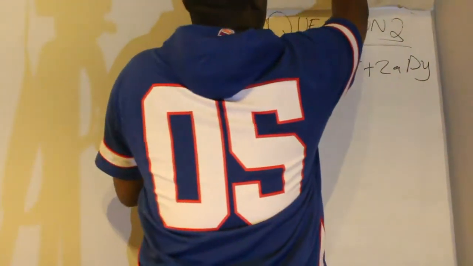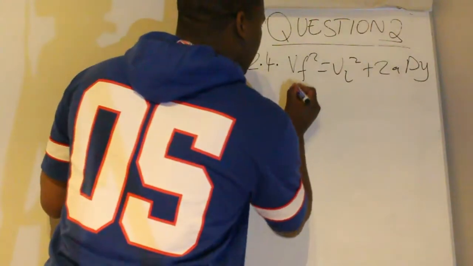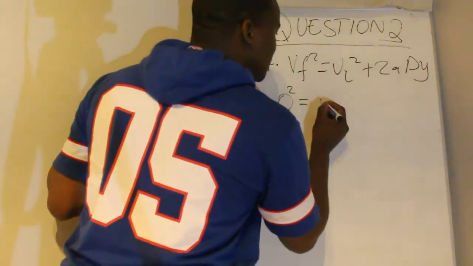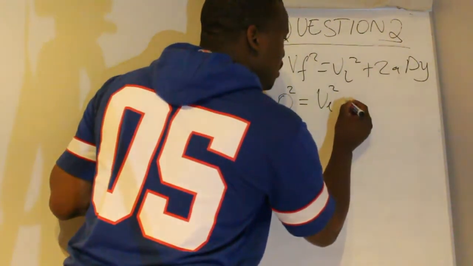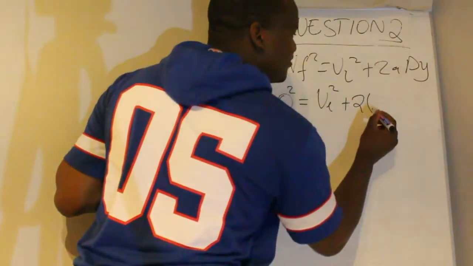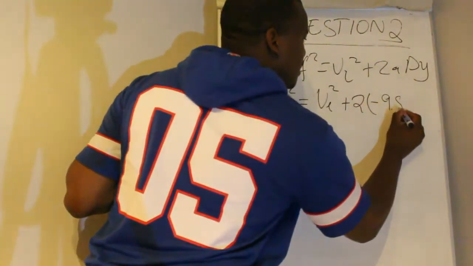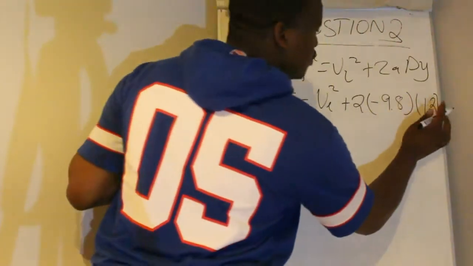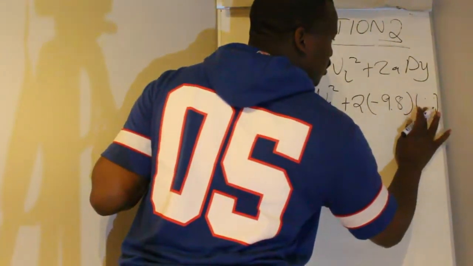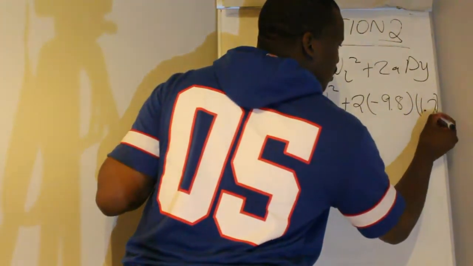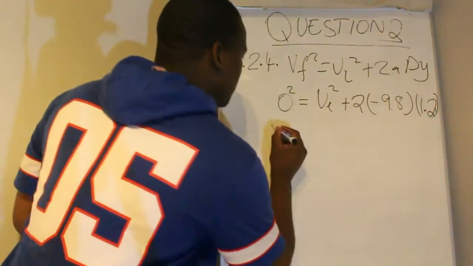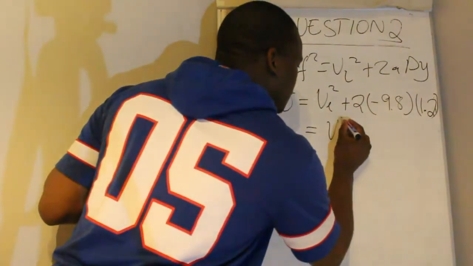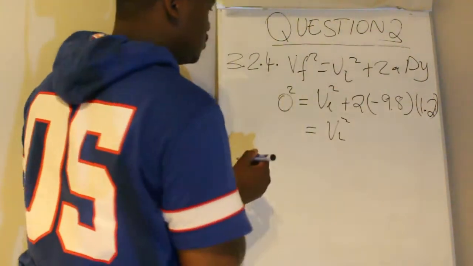So we say, okay, Vf squared, 0 squared is equal to Vi squared, which is what we don't know, plus 2a, which is our gravitational acceleration, 9.8, times 1.2. So Vi squared is equal to, take this and transpose it to the other side.